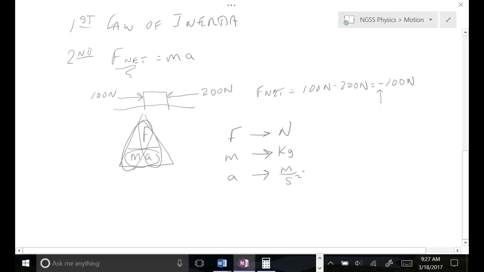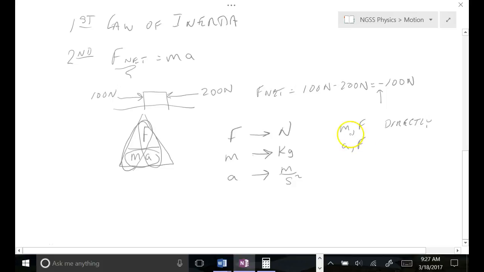Okay? So mass and force are directly related, as are acceleration and force.